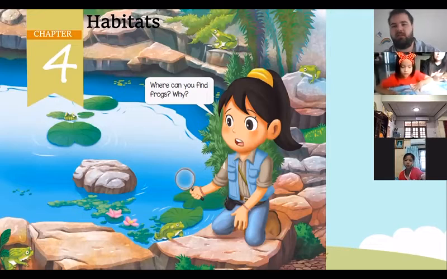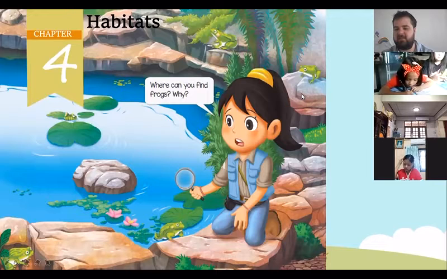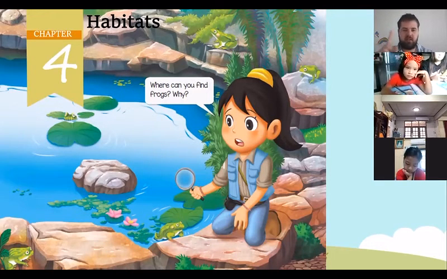Okay. First, I want to talk about a habitat. Habitats are where animals live. A habitat needs to have two things: food and water. If there's no food and no water, there'll be no animals.